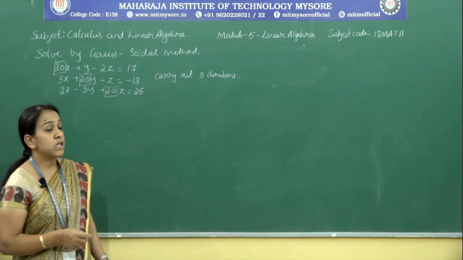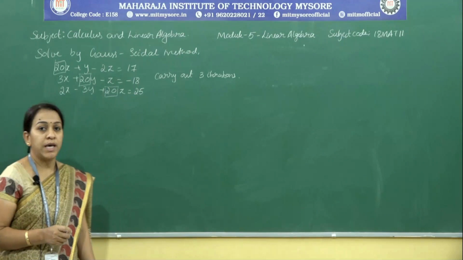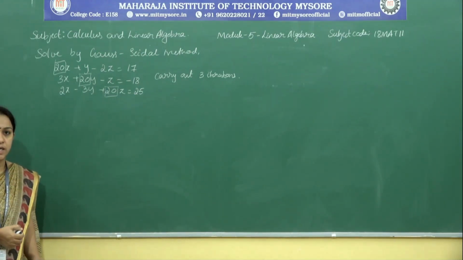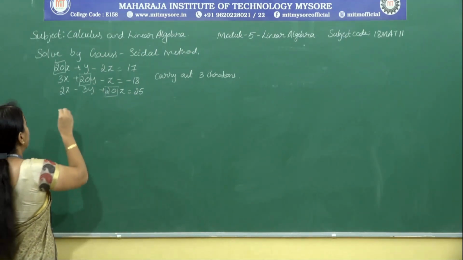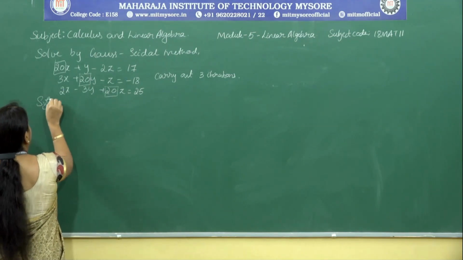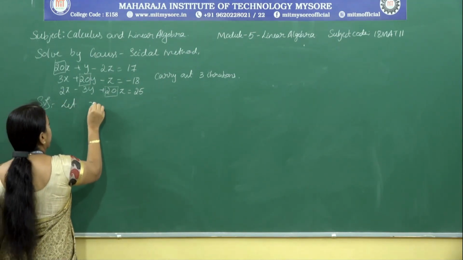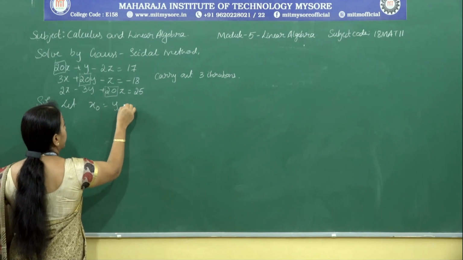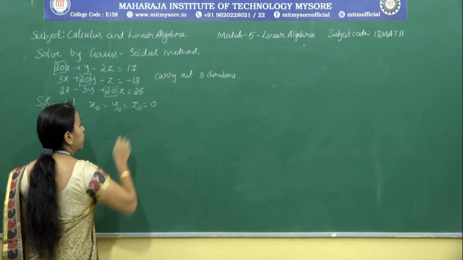So now let me construct the formula for x_(r+1), y_(r+1) and z_(r+1). With that, let the initial values x0, y0 and z0 be 0.